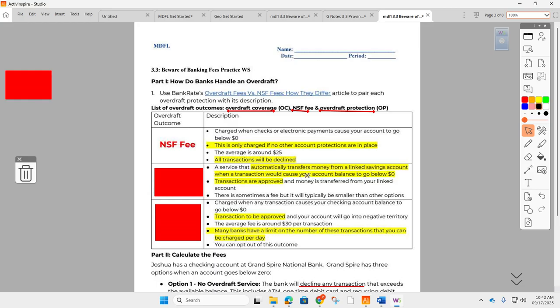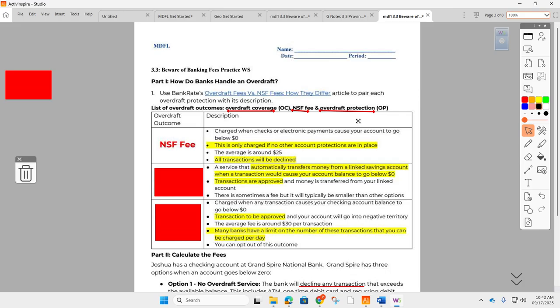Now the next two, one's got to be coverage and one's got to be protection, right? Because those are the three vocab words we're looking at here. So for the second one, it says a service that automatically transfers money from a linked savings account when a transaction would cause your account balance to go below $0. Transactions are approved and money is transferred from your linked account.